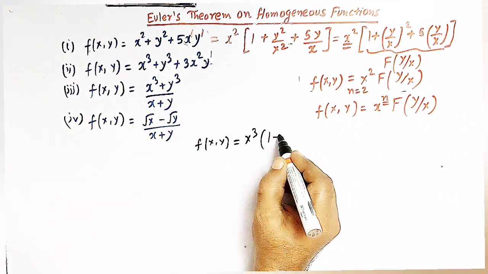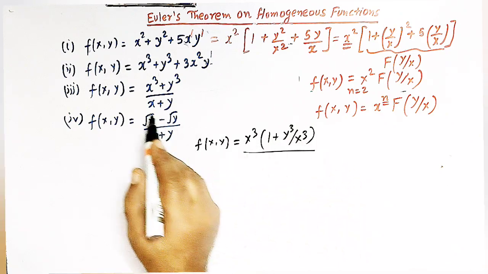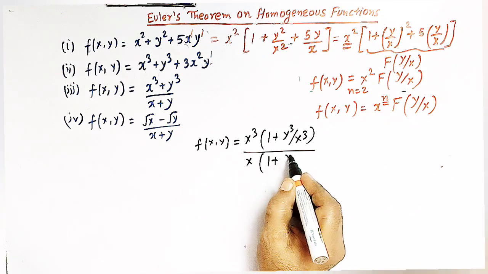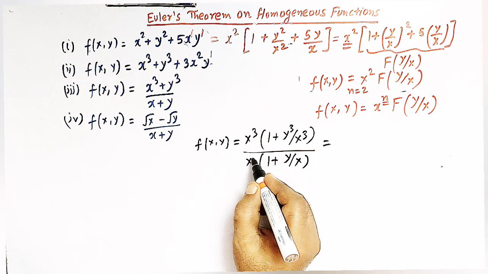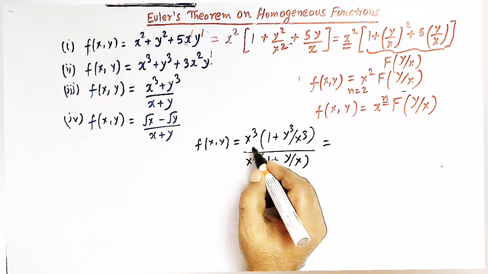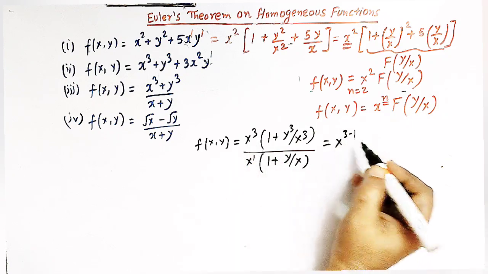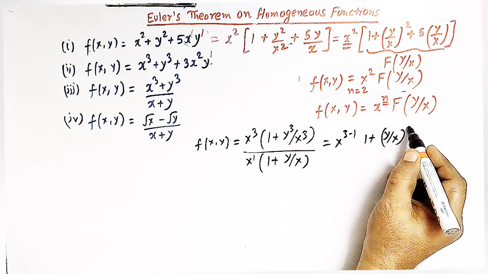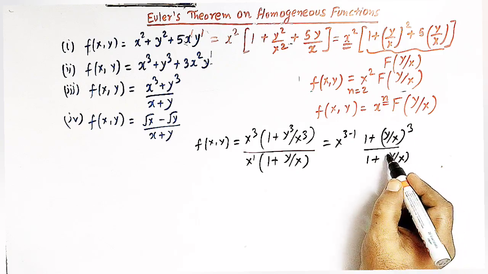So we have 1 plus y cube over x cube, and in the denominator we can take x common, and we have 1 plus y over x. So now here we have x cube and here we have x raised to 1. So here using the laws of exponents, we have x raised to 3 minus 1, and then we have 1 plus (y over x) cube, and here we have 1 plus y over x.